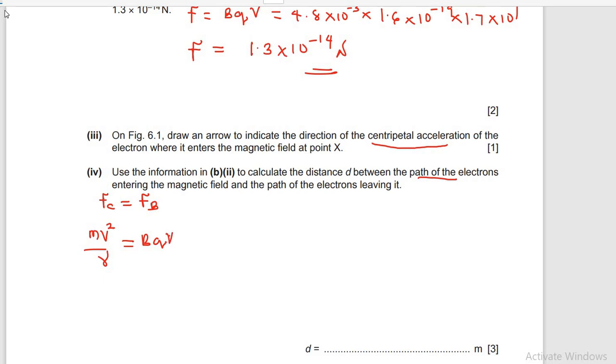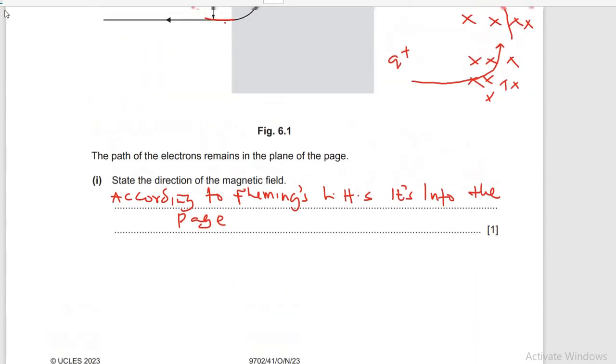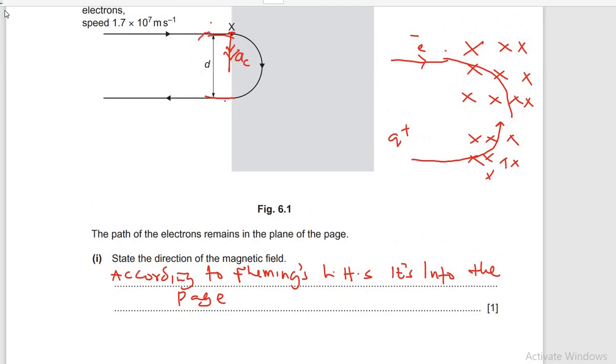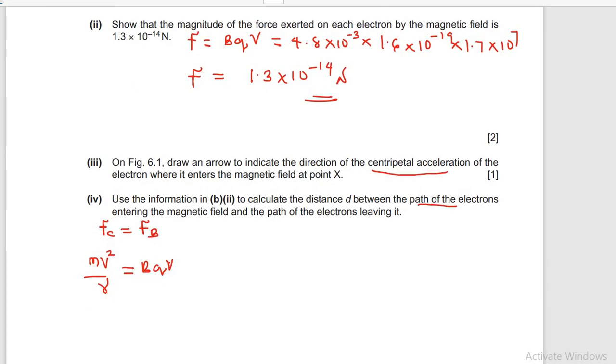The distance d in this question is the diameter, so d is 2r. To get the diameter, we need to get the radius first. So this cancels this, and we have mv equal to BQr. So the radius is mv over BQ.